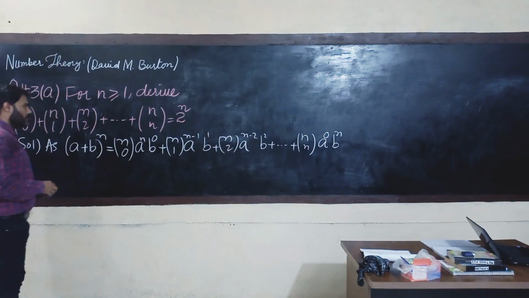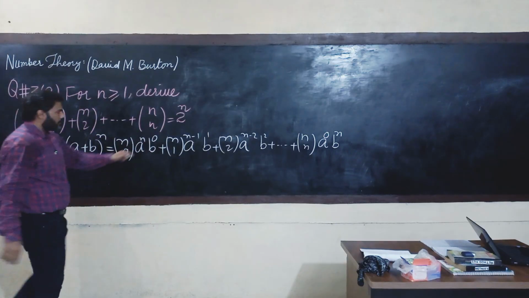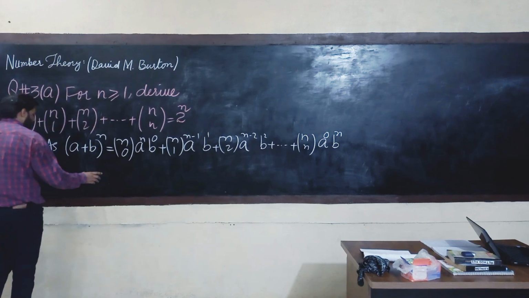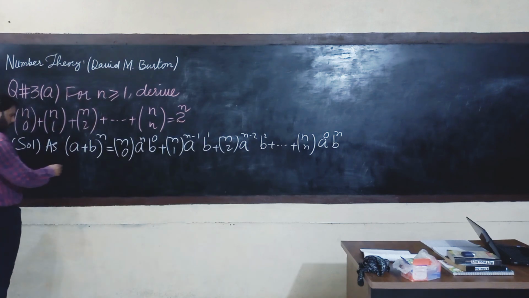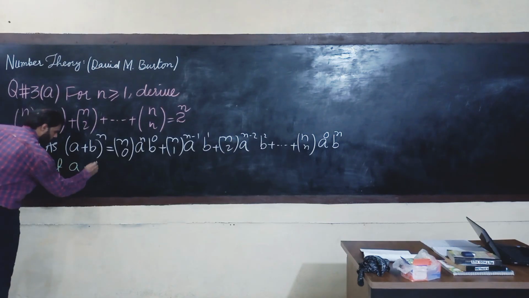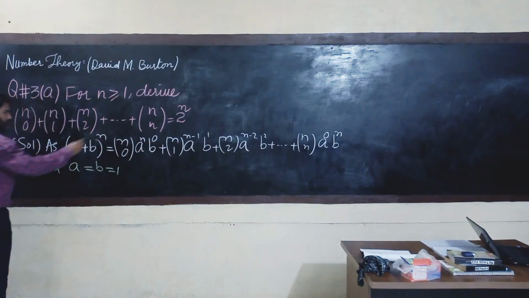If you notice, the right side is 2 raised to power n. This can be obtained simply by putting a equal to b equal to 1 in this expression.